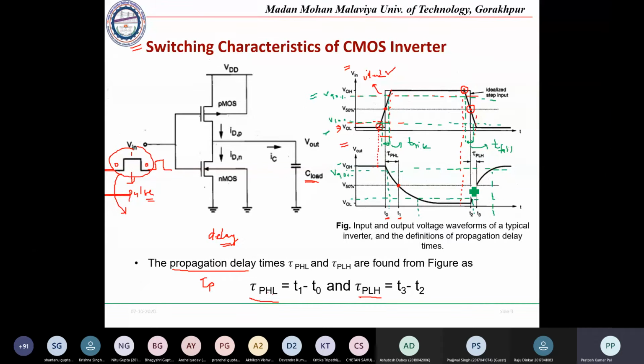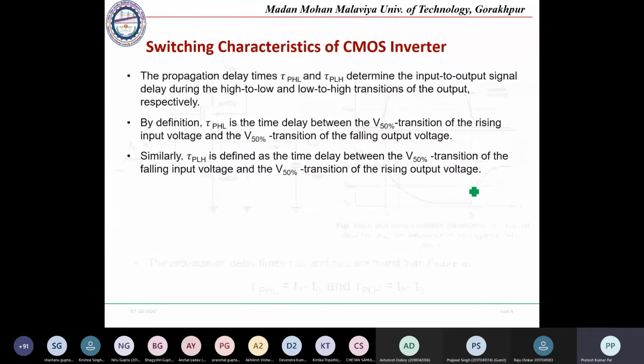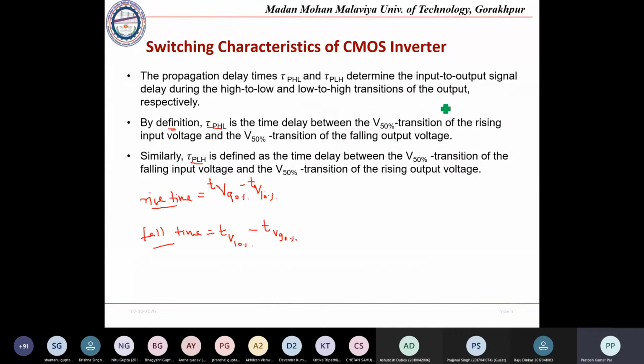So from a design point of view, whenever we are going to design a digital circuit, we should focus on our rise time and fall time being similar. As a design point of view, tau rise should be similar to tau fall.